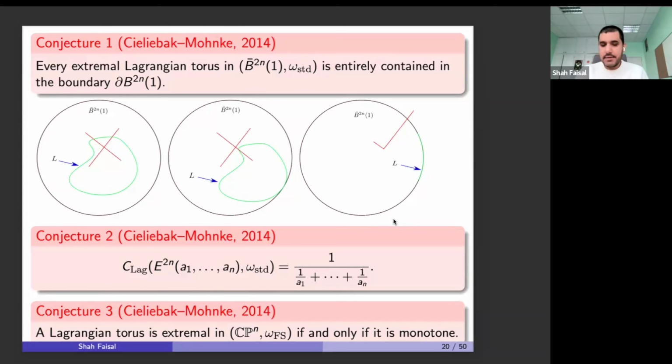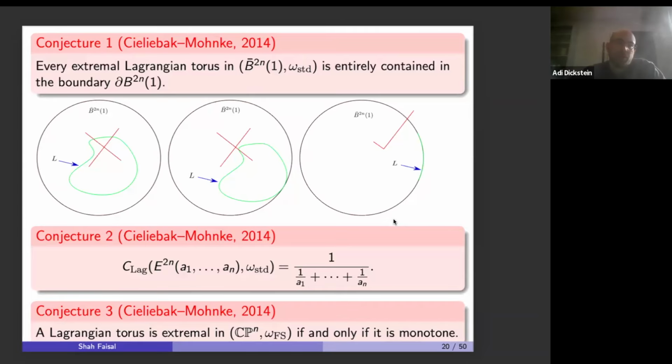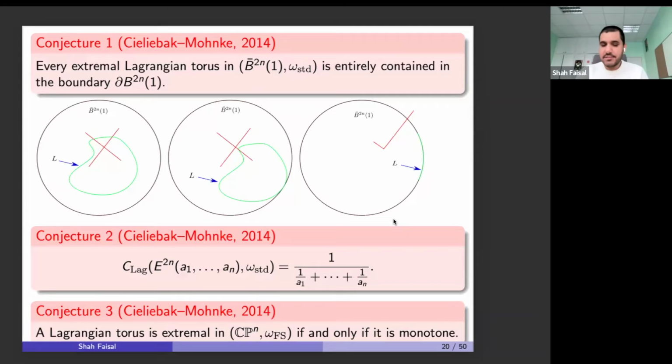It says that a Lagrangian torus in CPN is monotone if and only if it is minimal with respect to the Fubini-Study metric. I see. Thank you very much. And so this would say that extremals are the same as minimal. Okay, thank you.